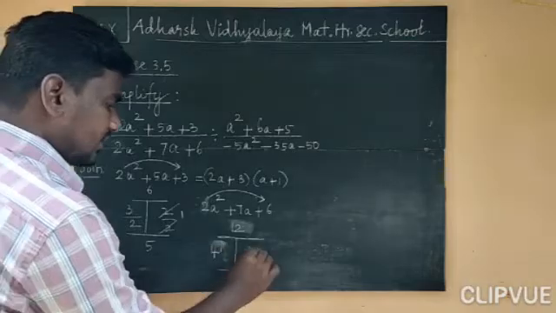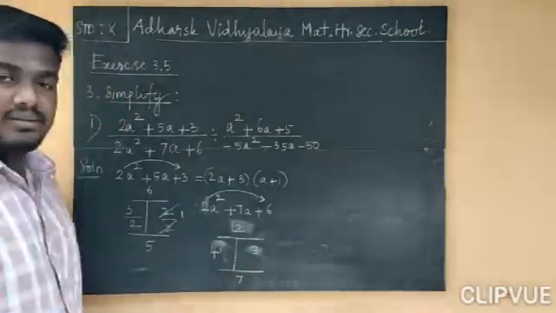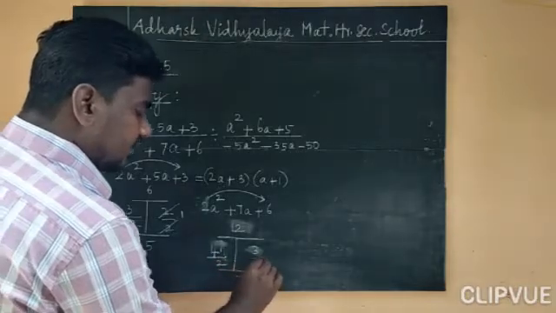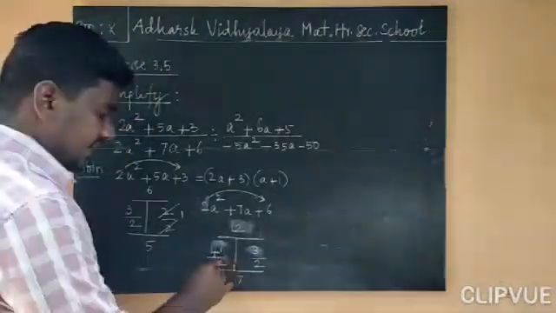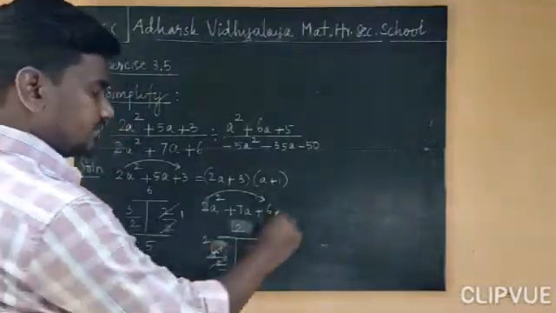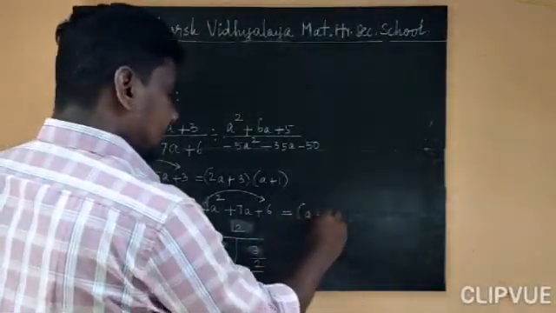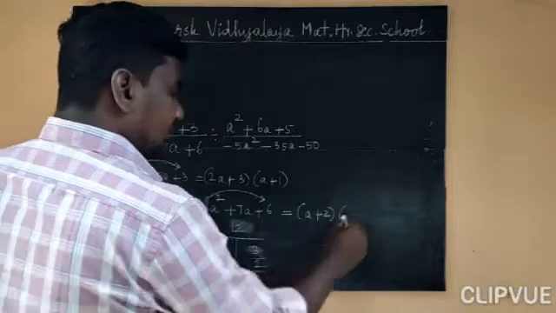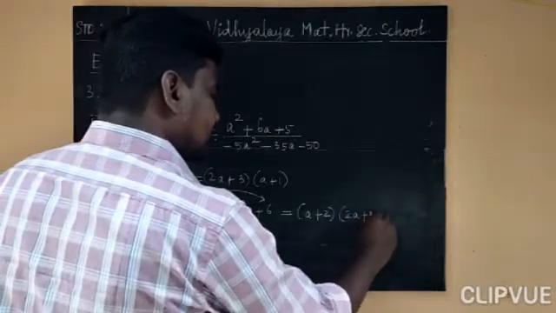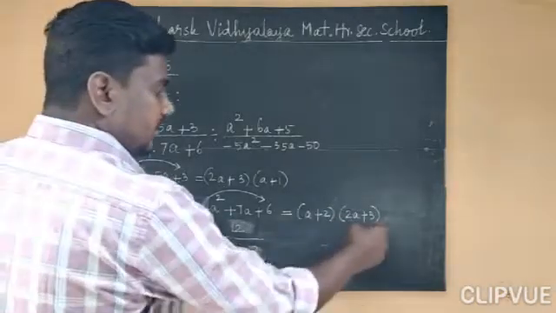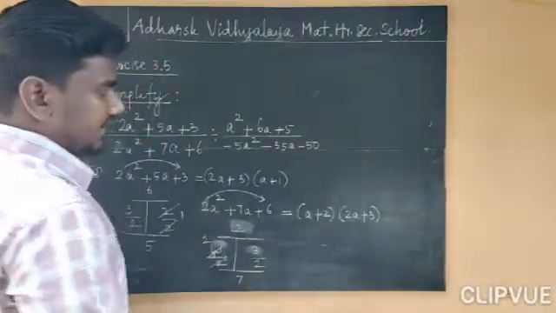So 4 and 3: 4 into 3, 12, and 4 plus 3, 7. When we multiply by 2, we have to divide by that same 2, so we can cancel. It can be written as a plus 2 and 2a plus 3. The 2 is multiplied with the variable, plus 3. 2a plus 3. These two are the factors.